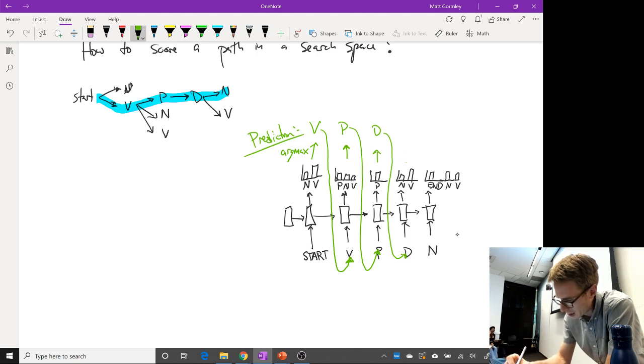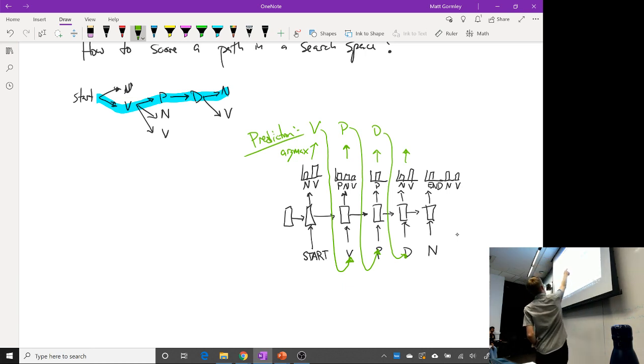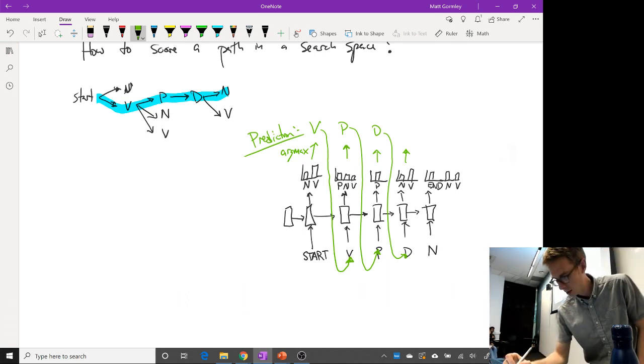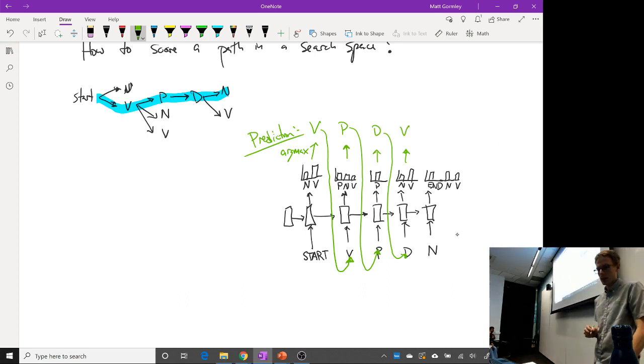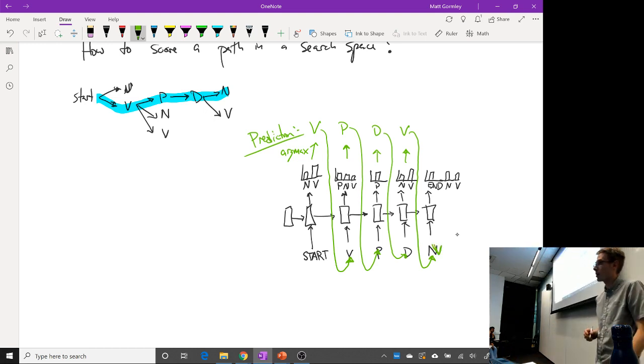Then here, the argmax didn't actually return the correct thing, noun. It actually returned some other thing, like verb. So now, if we were predicting, we might actually end up feeding in verb here instead of noun.